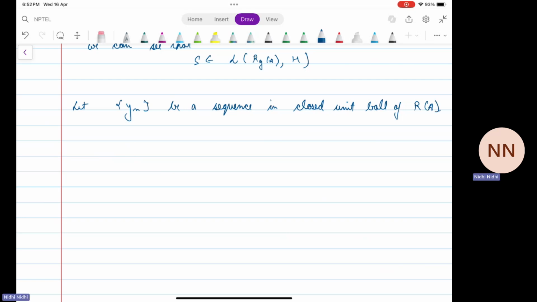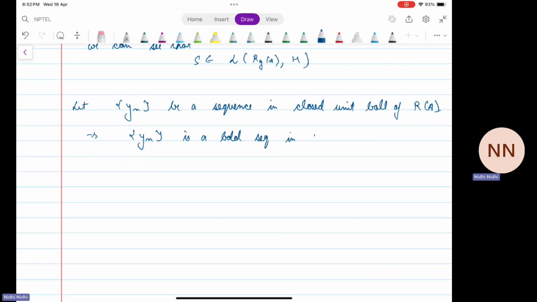If it has a convergent subsequence, Yn being an arbitrary sequence, we will get that the closed unit ball is compact in R(A), and hence R(A) is finite dimensional. Now, Yn is a bounded sequence. Obviously, since it belongs to the closed unit ball, its norm is less than or equal to 1.